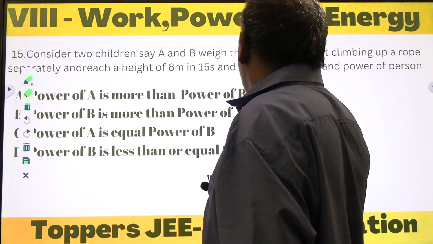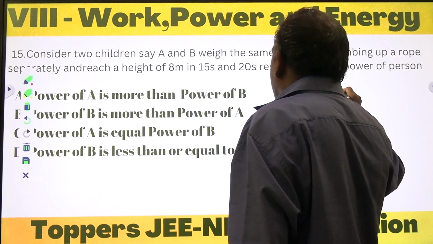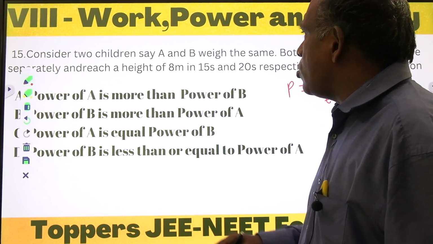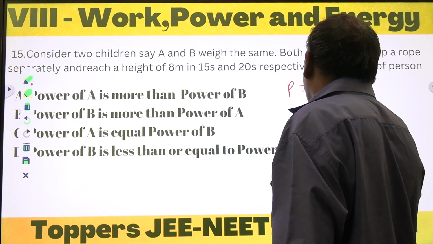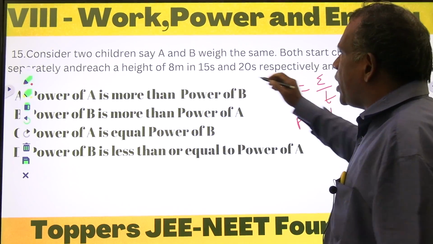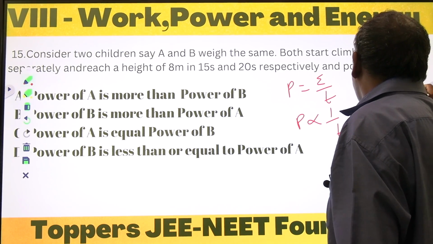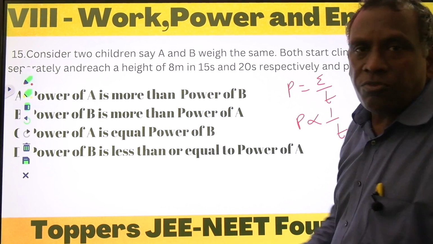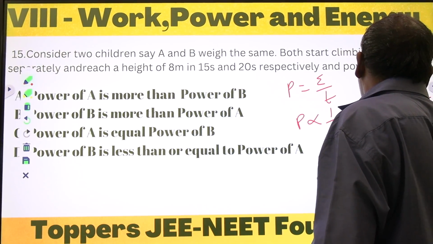Here power is always energy upon time or work upon time. So power is inversely proportional to time, you can understand. The time taken for the first person, time of A, is 15 seconds. Time of B is 20 seconds.